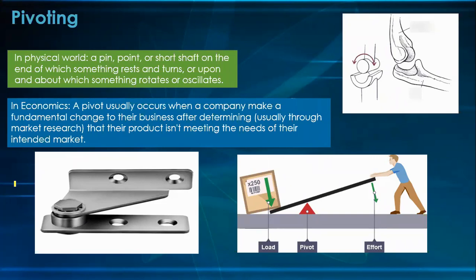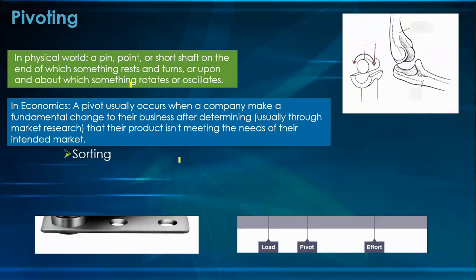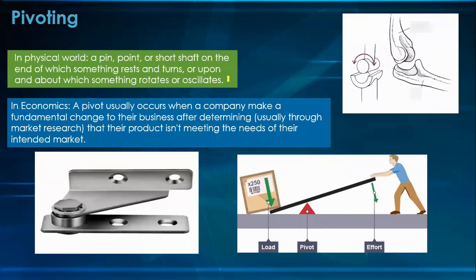In the real world or in physics, a pin or a point or a short shaft on the end of which something rests and turns, or upon and about which something rotates or oscillates, is called a pivot. See these examples.